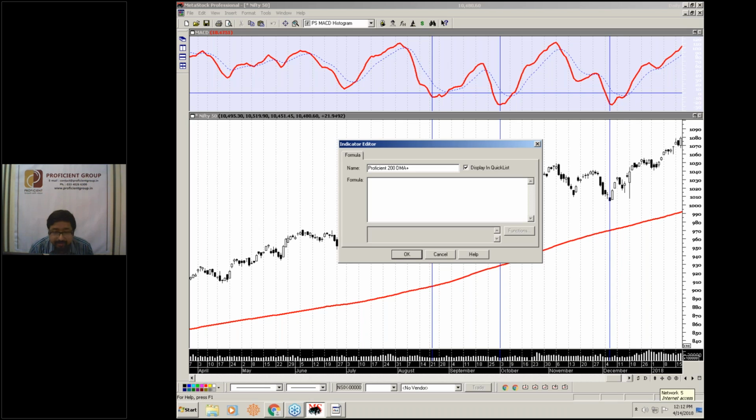And I'm giving it the name 200 DMA plus MACD, right? The name suggests that I'm going to create a new indicator based on the logic that I told you right now. And the objective is to use this indicator instead of the moving average and the MACD.